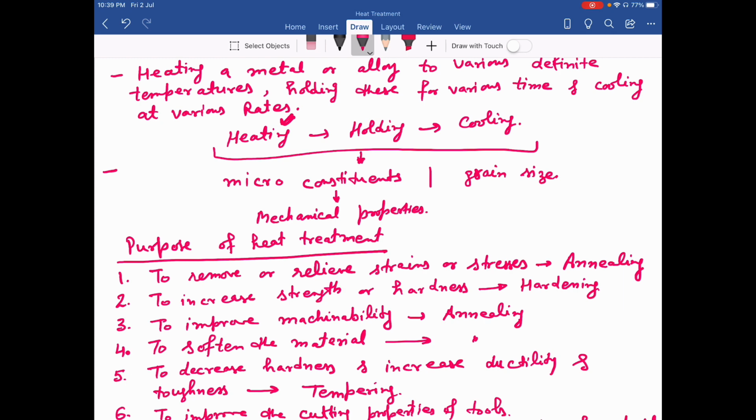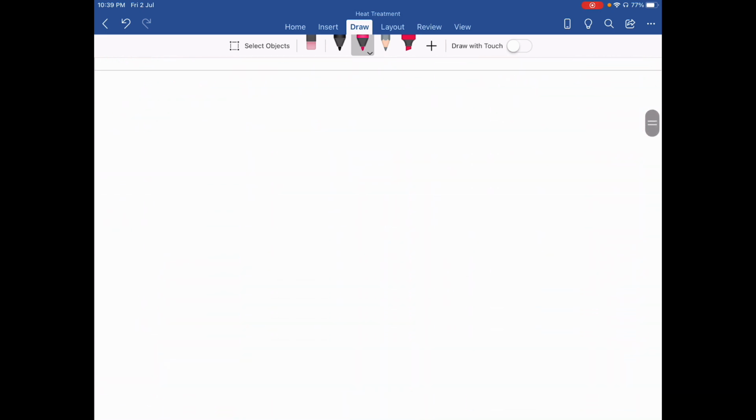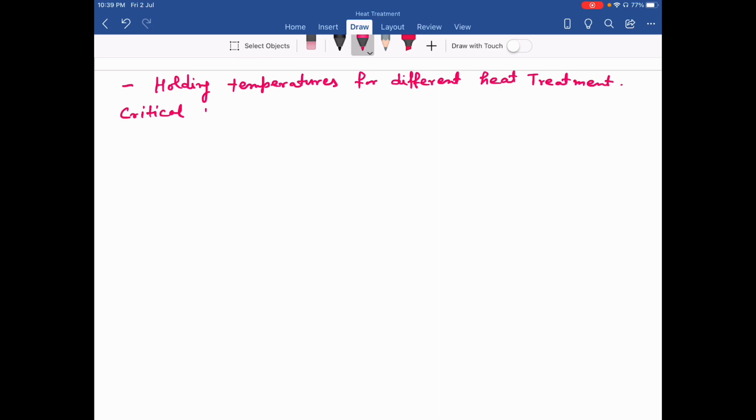So we have different range of holding temperatures for different heat treatment processes. So these are called critical temperatures. These holding temperatures we call as critical temperatures.